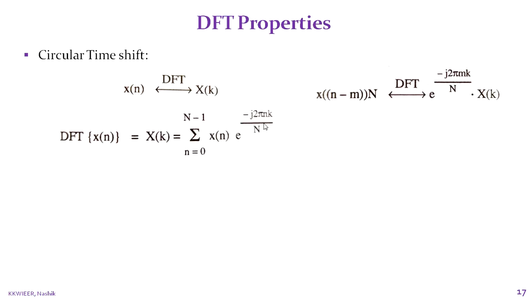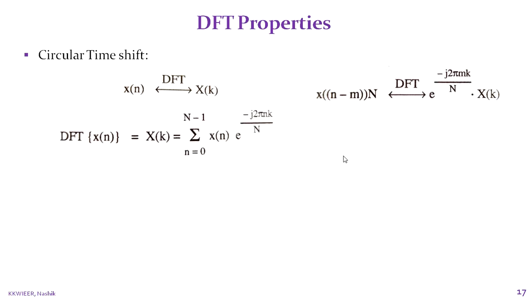Now circular time shift means if instead of x of n it is x of n minus m, then m is substituted for n. So both will have the same DFT.